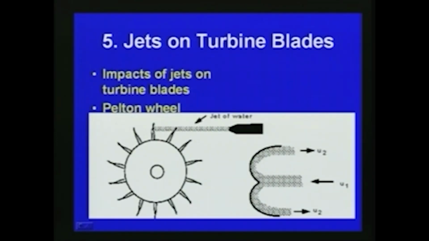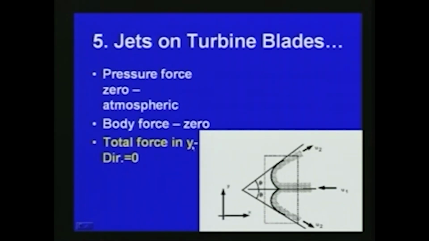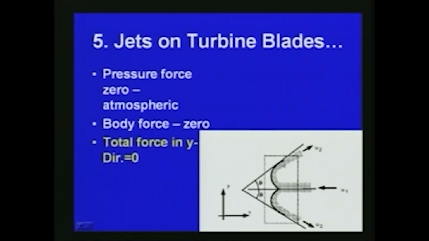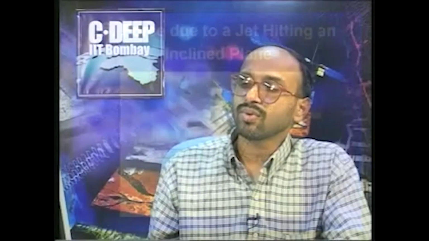How much force acts upon the turbine blade is calculated from this expression: F T x is equal to rho q into u 2 cos theta plus u 1, where rho is the density, q is the discharge of the jet, u 1 is the velocity of the jet, and u 2 is the velocity after deflecting from the turbine blade. Like this, the force of jets on turbine blades can be calculated.